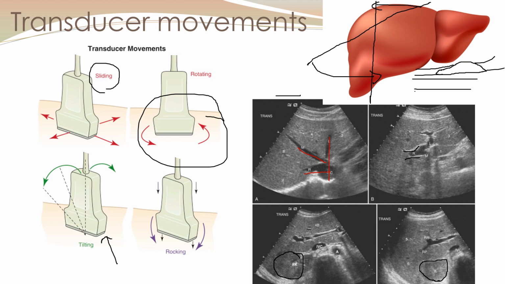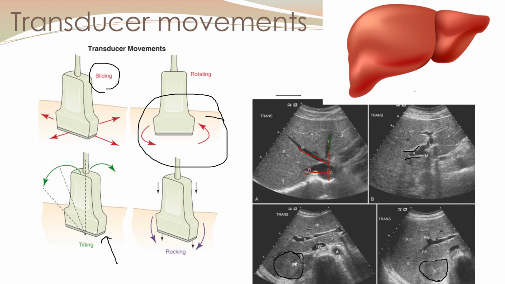And then rocking your probe. Sometimes you'll have a part of anatomy that's not in the correct position on your screen. So for example, I see the nice hepatic veins here. Let's say that wasn't what I was going for. Let's say I wanted to look at the left lobe of the liver. I can't really slide because I'm going to hit the sternum.